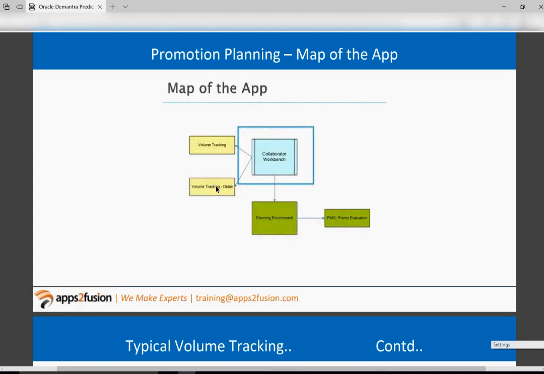When the marketing number is not provided, then whatever sales has provided, please take that number. So that kind of flexible hierarchy to finalize your forecast is also configured in the Demantra system through data series expression.